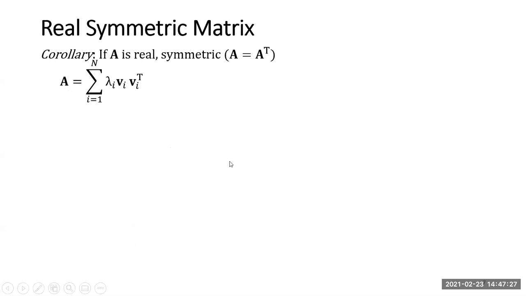V transpose equals V inverse. So if A is such a symmetric matrix, then we can represent A in this form.